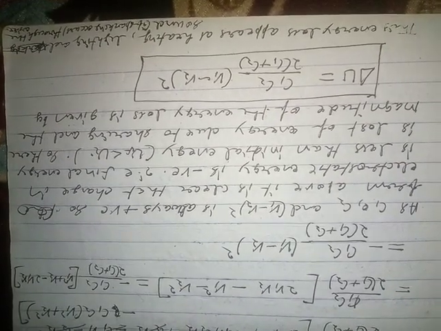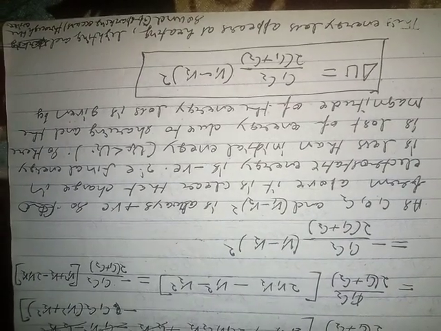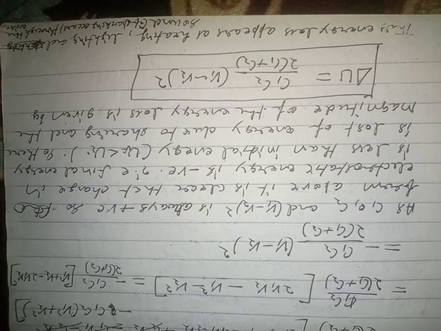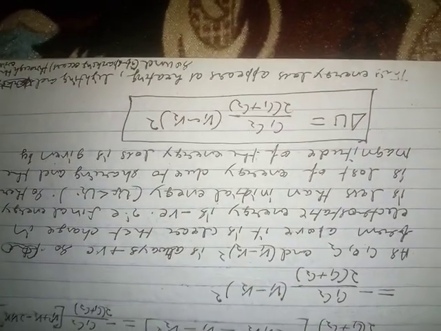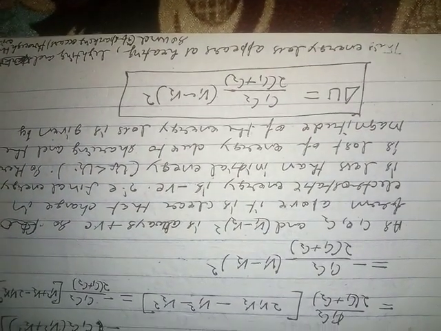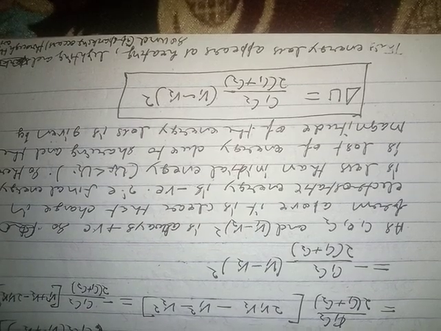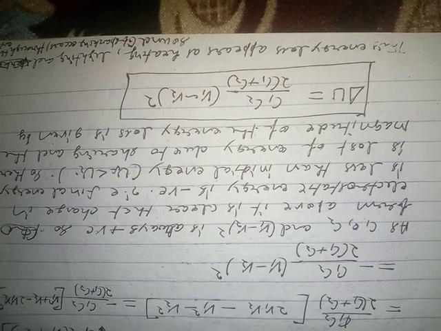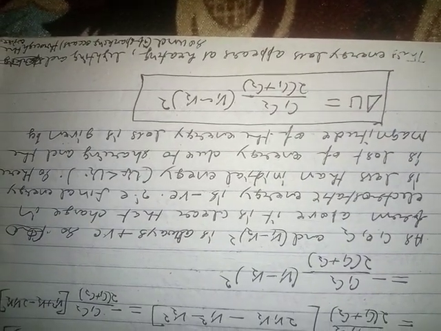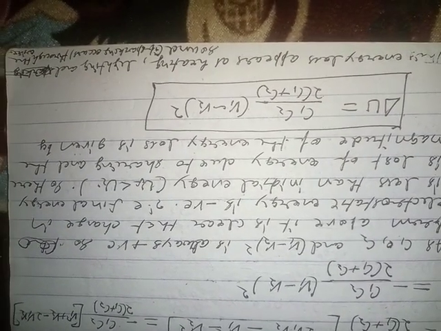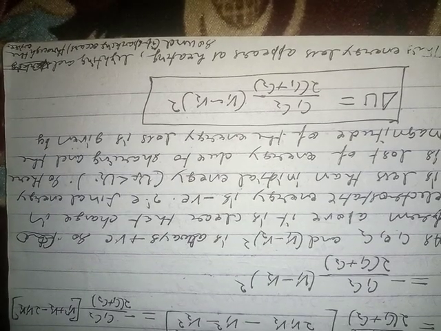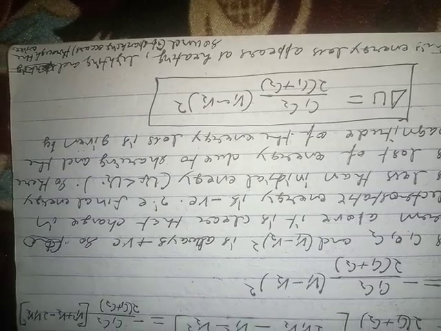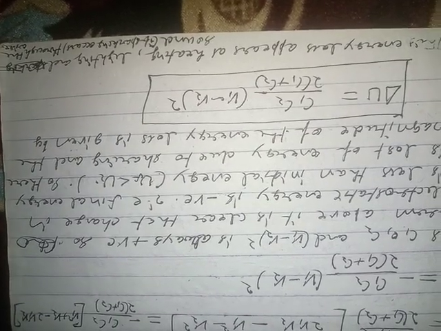This means Uf is less than Ui, so there is a loss of energy due to sharing, and the magnitude of energy loss is given by delta U equals C1 C2 by 2 into C1 plus C2 into V1 minus V2 whole square. This energy loss appears as heating, lighting and sound of charge flowing through the wires.